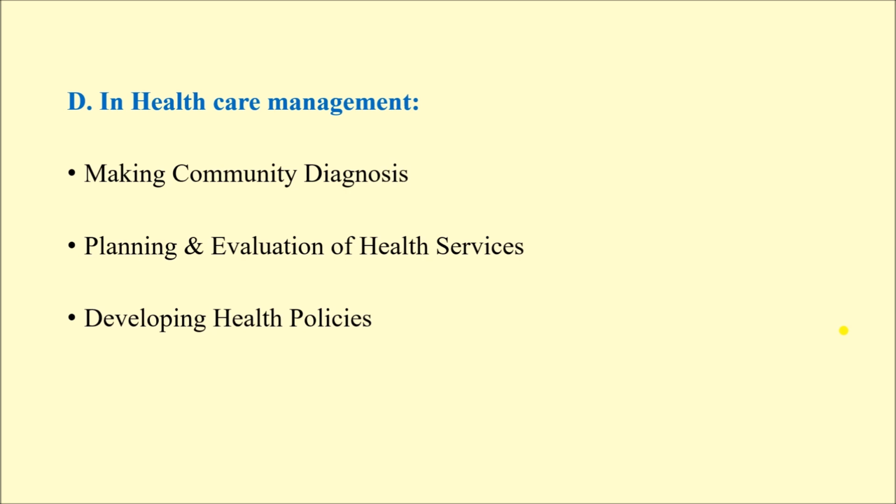And the last one is the developing of health policies. Just for an example, when COVID vaccines were introduced, it was decided that the frontline workers or the health workers and other people related to healthcare services will be given the doses first.